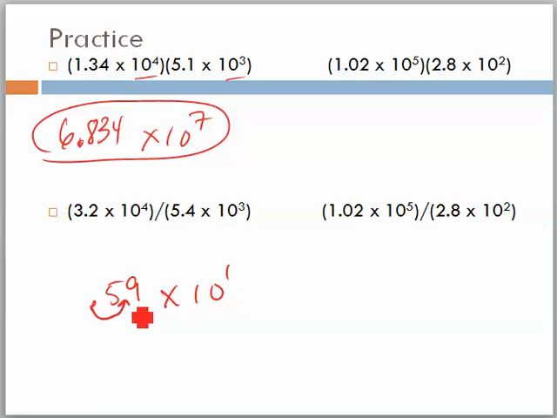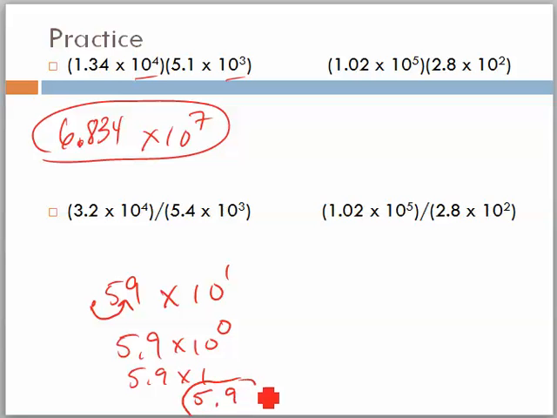I'm going to move it one spot to the right, and that becomes 5.9 times 10, and this now becomes from a 1 down to a 0. And we could probably go a little bit farther with this. In algebra, you've learned anything to the 0th power is 1. So this really becomes 5.9 times 1, or just 5.9, which would be our final answer here. Now I'm going to go ahead and pause this, and I want you to do the ones on the right.